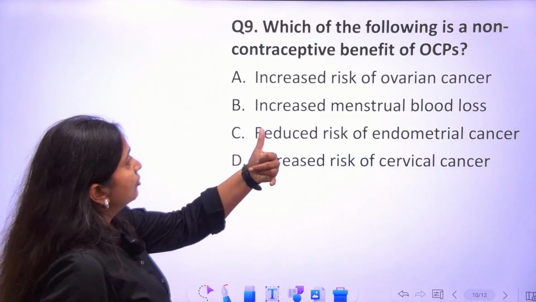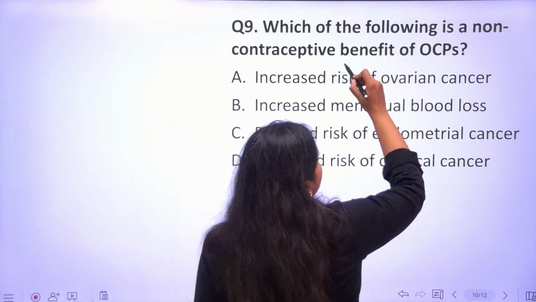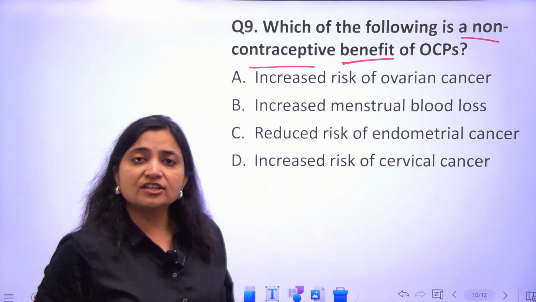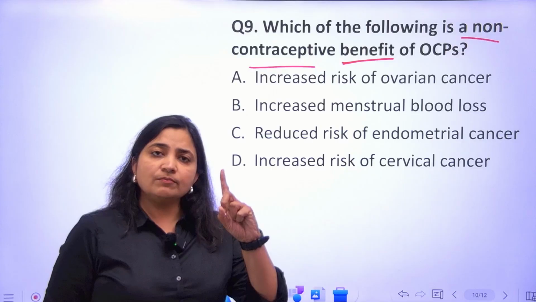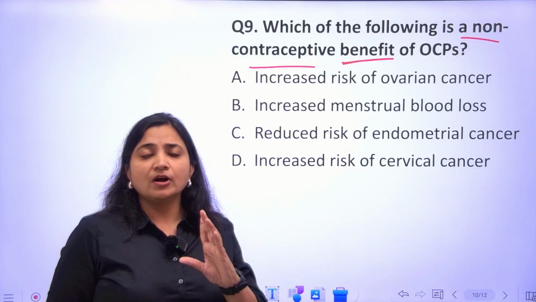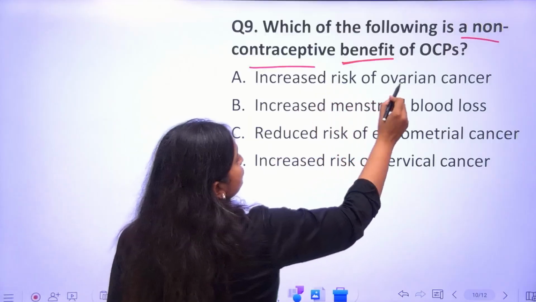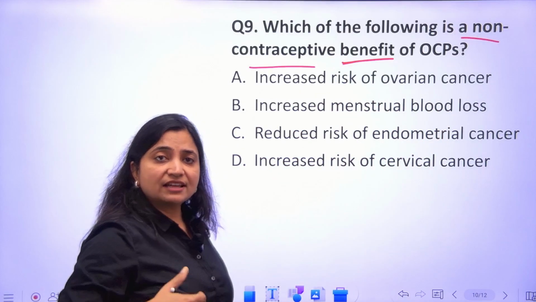Which of the following is a non-contraceptive benefit of OCPs that we have discussed in our lecture? OCPs, yes, it is a contraceptive. Contraception is the main work, main job. But what other benefits we derive? Increased risk of ovarian cancer. As the thing itself says, increased risk, it is never a benefit.